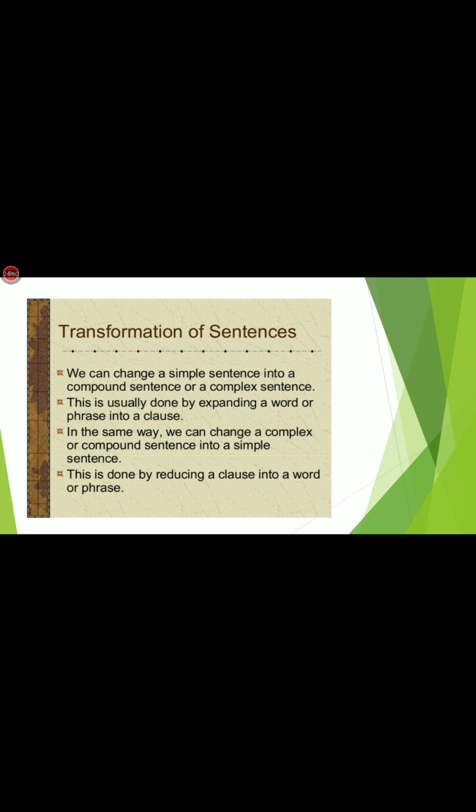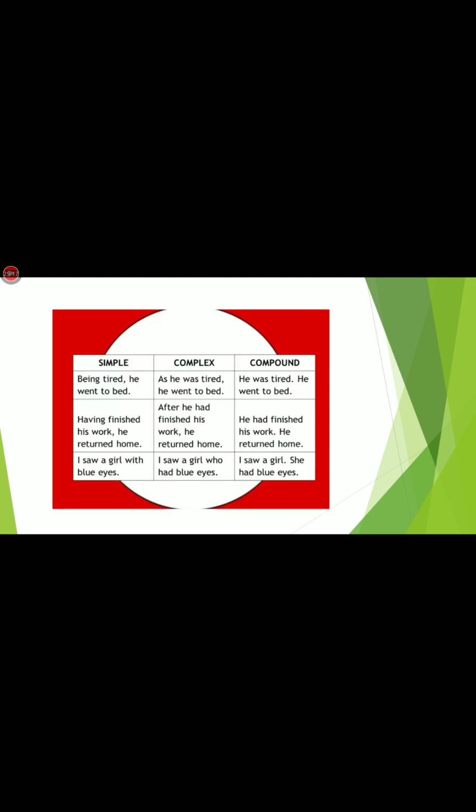So the two independent clauses, or one independent clause and a dependent clause, have to be reduced into a word or a phrase to make it a simple sentence. Now here is a chart which shows you examples of simple, compound and complex sentences.